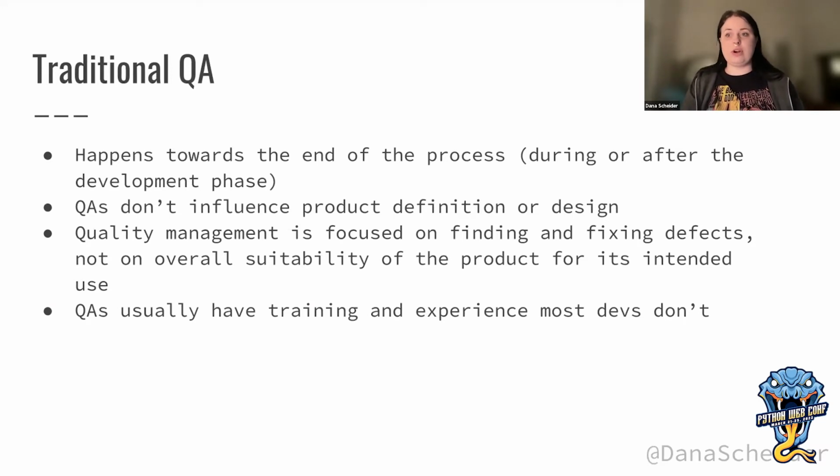So during or after the development phase, most often after. QAs don't influence the product definition or design. They only kind of come in after development is done to find and fix defects and limit themselves to that scope. So this is an approach that's not based on the overall suitability of the product, but only on freedom from defects.